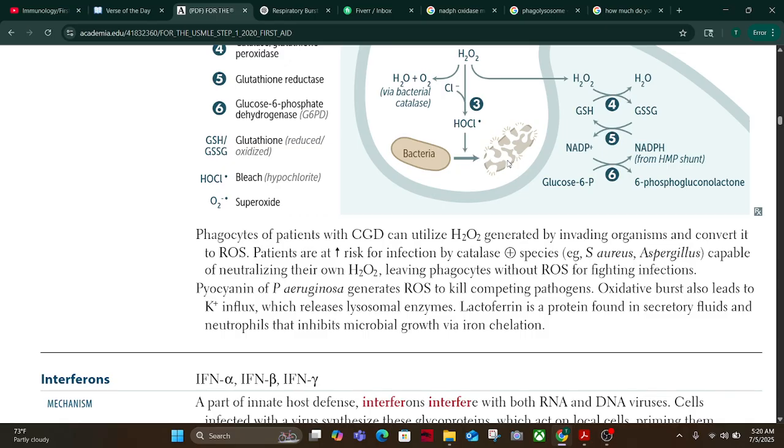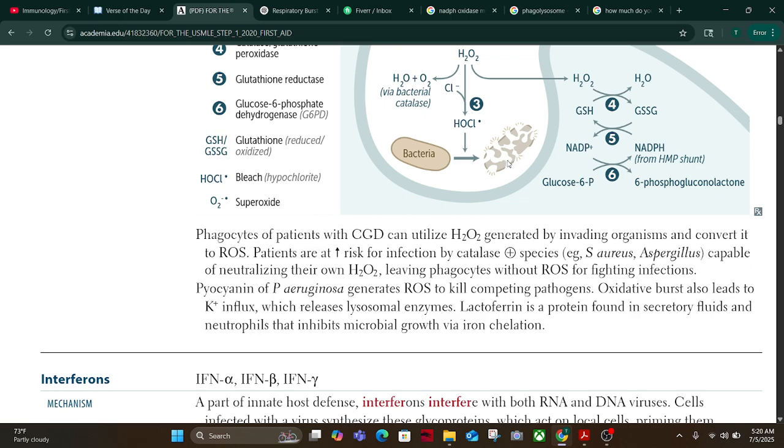The respiratory burst happens inside the phagolysosome of the neutrophil and macrophages after neutrophils eat the bacteria. The first step is the phagocyte, which can be either neutrophil or macrophage, eats the bacteria. The bacteria is engulfed into a phagosome, which fuses with a lysosome.